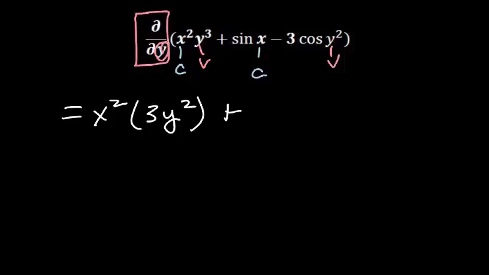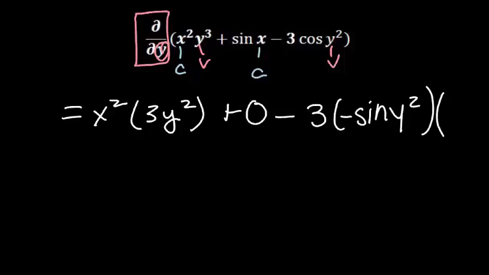Then the derivative of any constant is 0, so we can say plus 0 minus, keep our coefficient out in front, and then we multiply by the derivative of our next term, which is cosine y squared. And we all know by the chain rule that we change that to negative sine of y squared. And then we multiply that by the derivative of what's inside our trigonometric function, which is 2y.